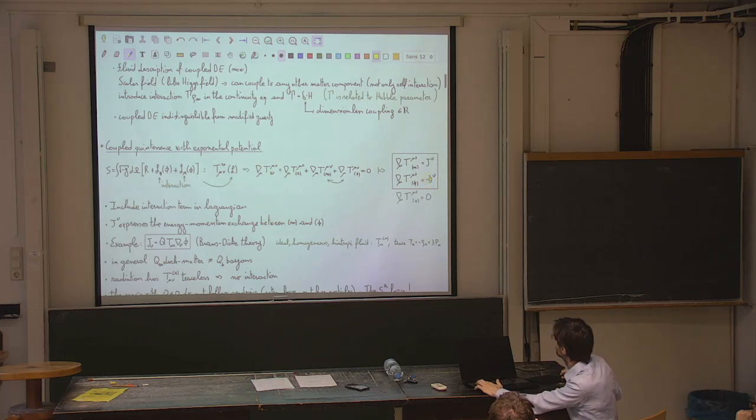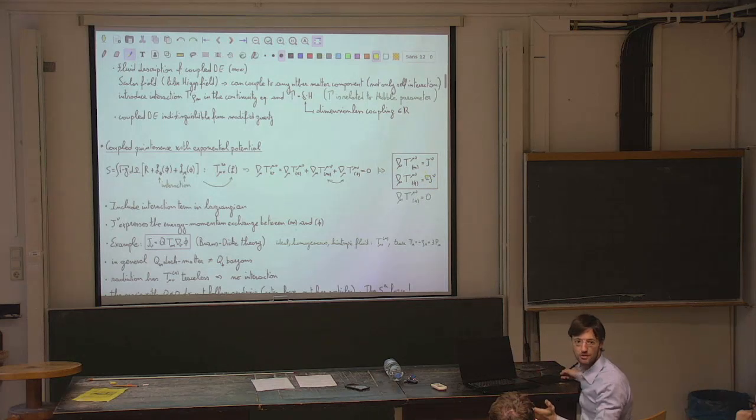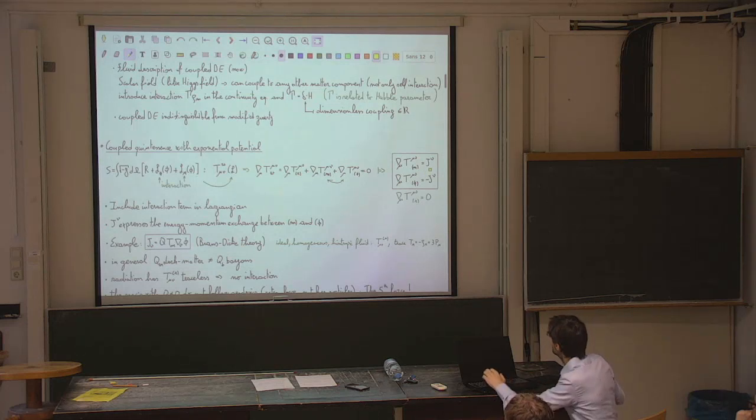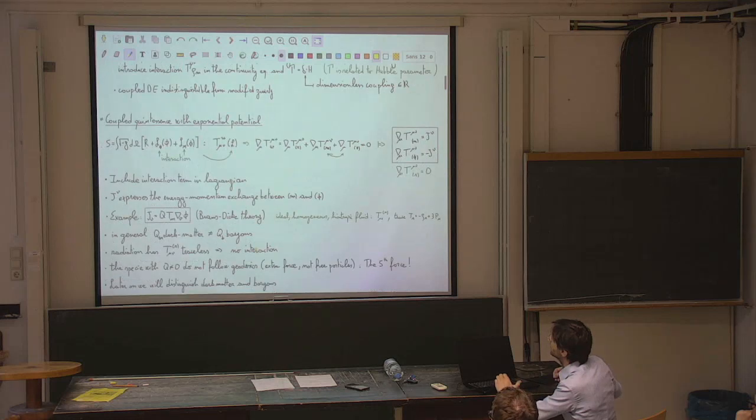Here you can play in several ways. You can try out linear couplings, non-linear couplings, or whatever. What we did was to use a coupling which is linear.